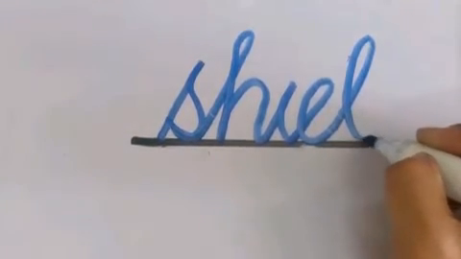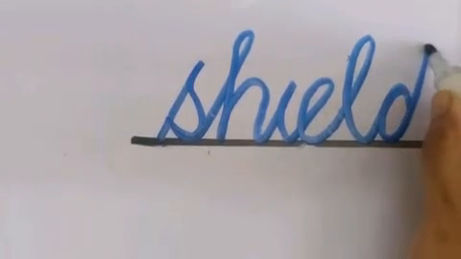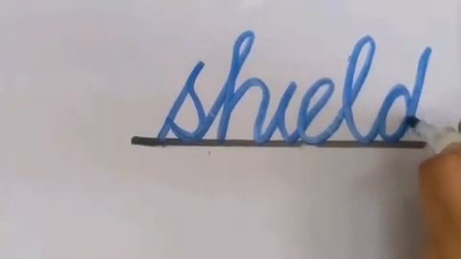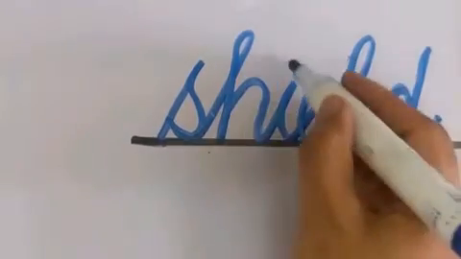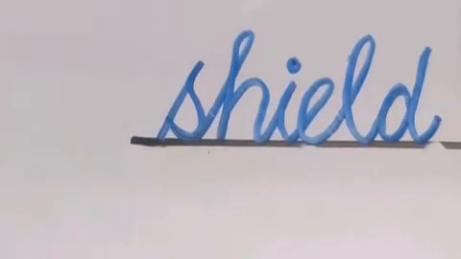Take your time while you're writing. And there should be triangles between the alphabets where they are needed. Is that clear? So it's shield. Okay, let's write the next one.